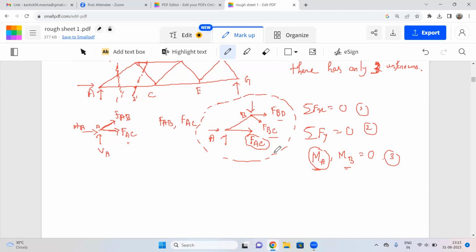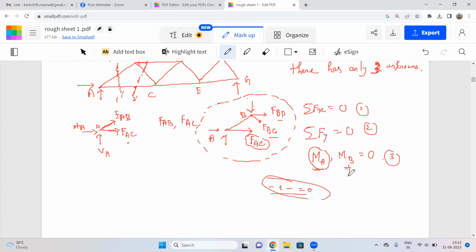You can solve. But to make it easier for the calculation part, if you find out moment at A, what will happen? Moment will come due to these three forces, right? So you can check that there you have two unknowns in one equation, right?